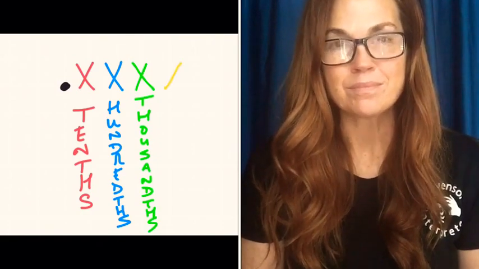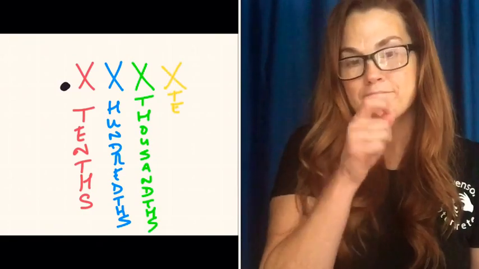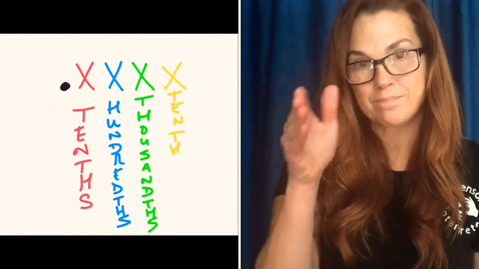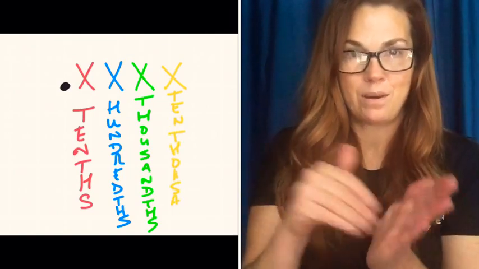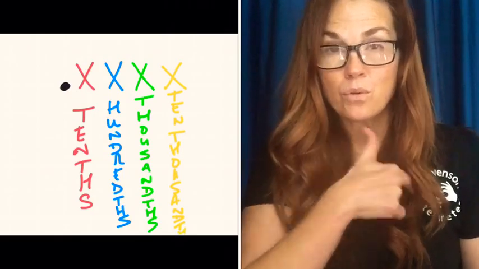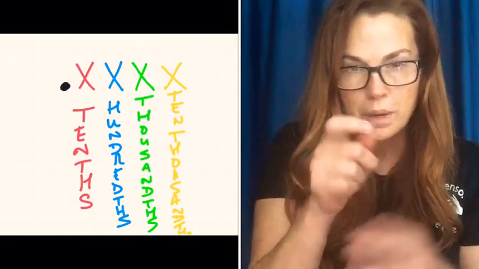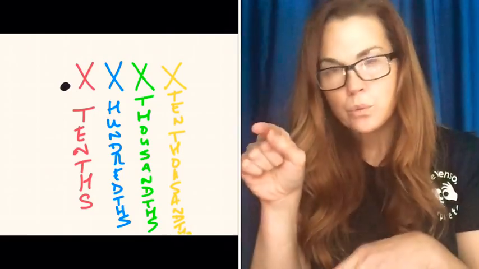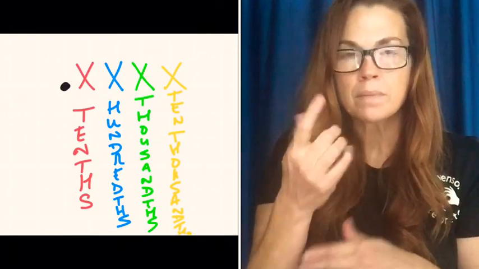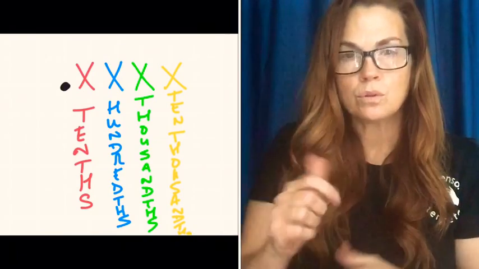And this place value would be the 10,000ths. As long as we understand how to read these place values, then it'll be easier for us to make equivalent fractions from our decimals.